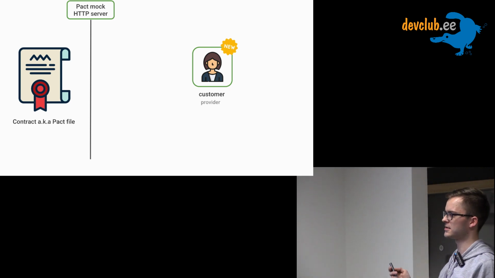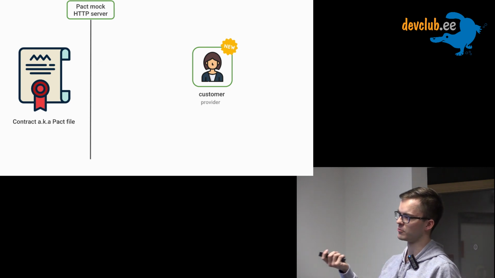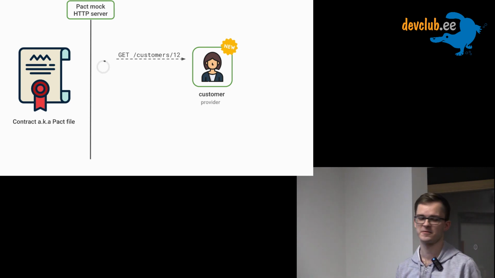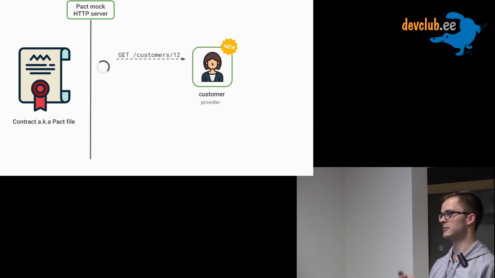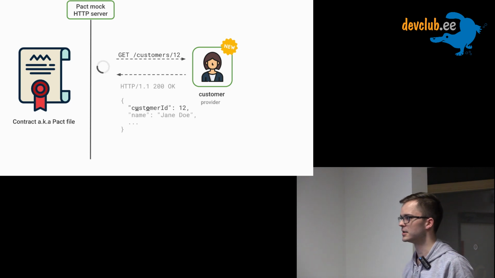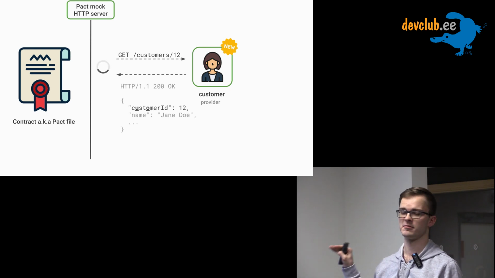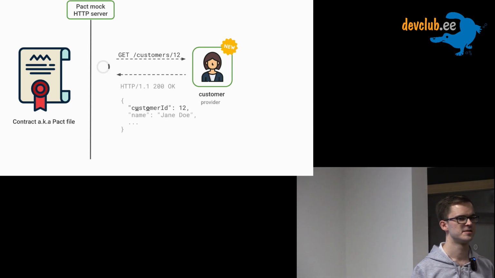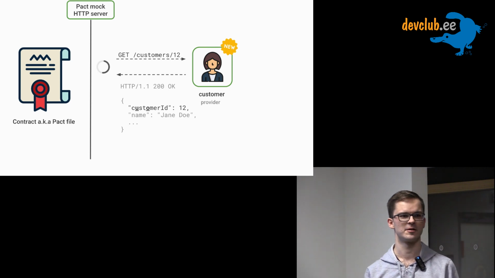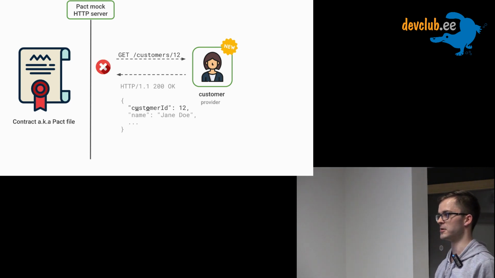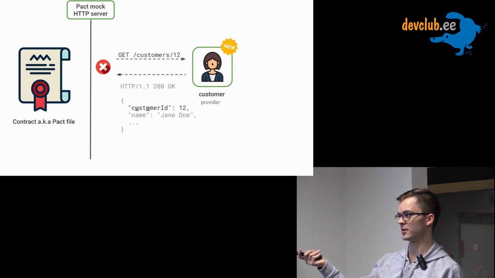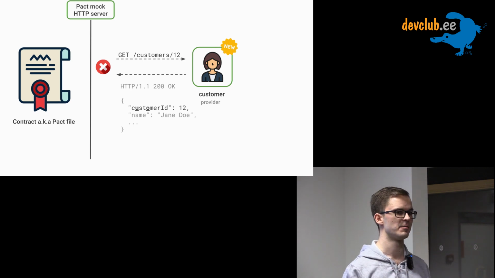They started the test, the Pact framework read in all the interactions from the Pact file, and they started to replay them against the running instance of the customer service. Now the customer service responds with the fixed field name, and this would have immediately failed the test because this payload doesn't match what was written inside the Pact file.